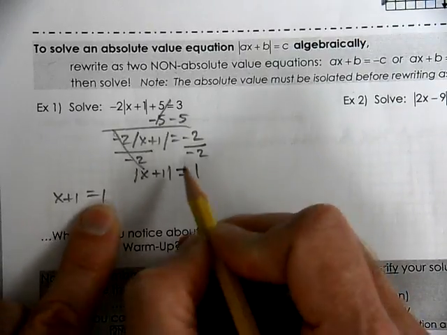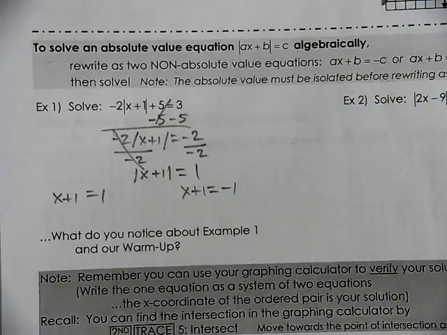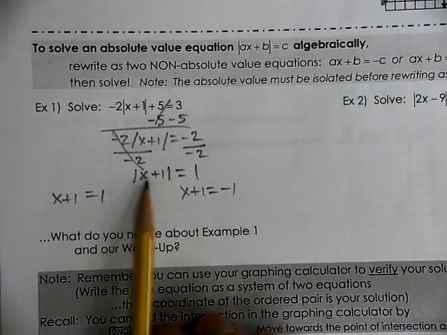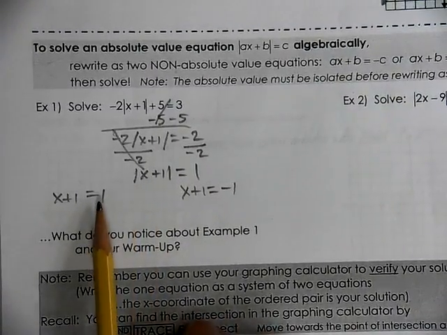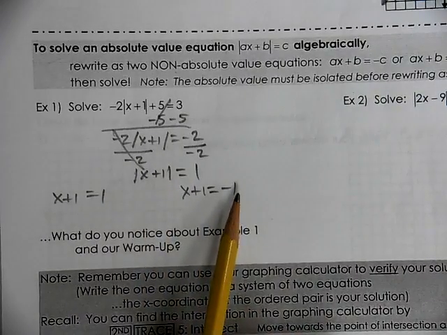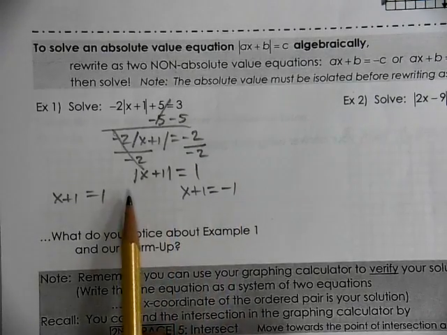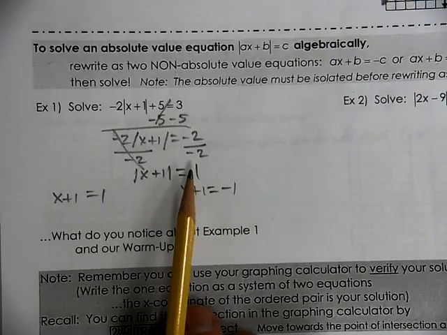It could be 1 and it could be negative 1. Think about what that means. Inside the absolute value could be a positive 1. Inside the absolute value might be a negative 1. When you do your calculation of the absolute value, that's going to turn it into a positive.